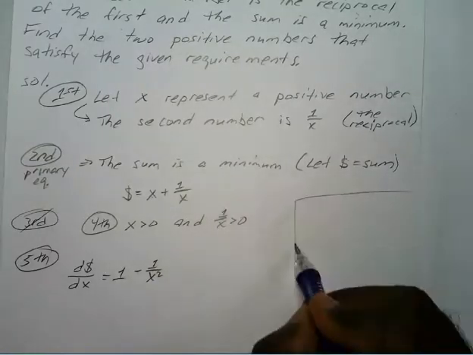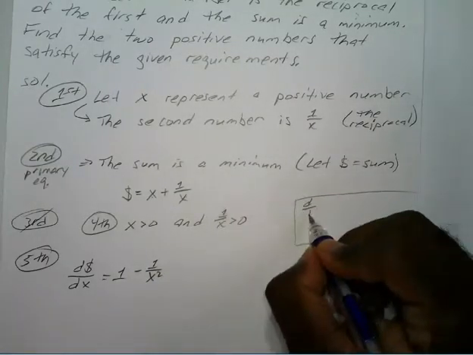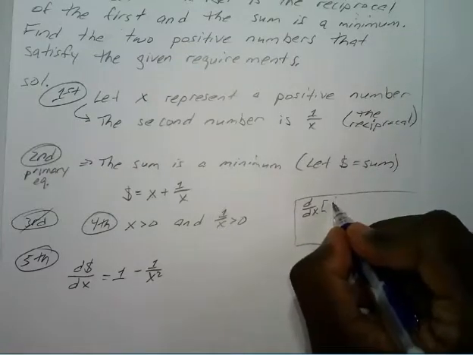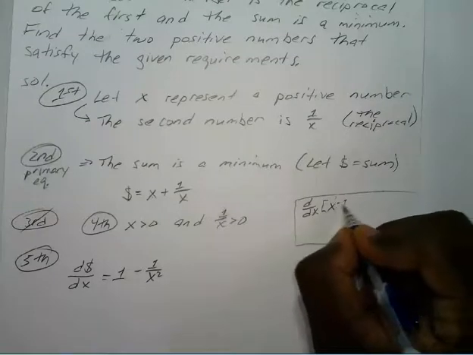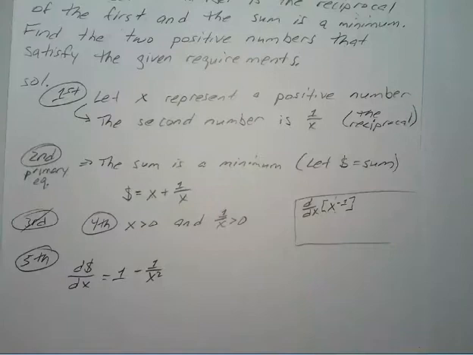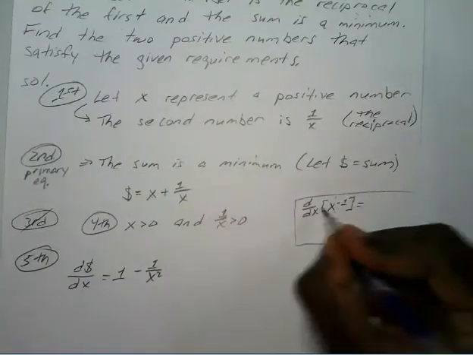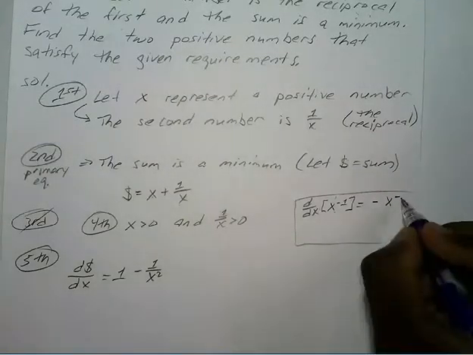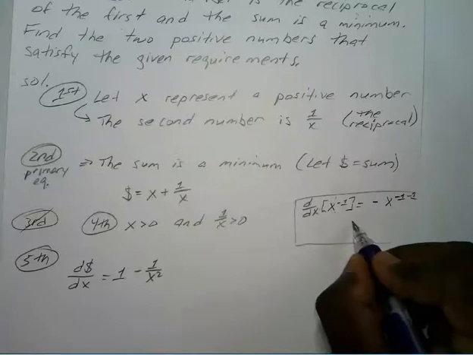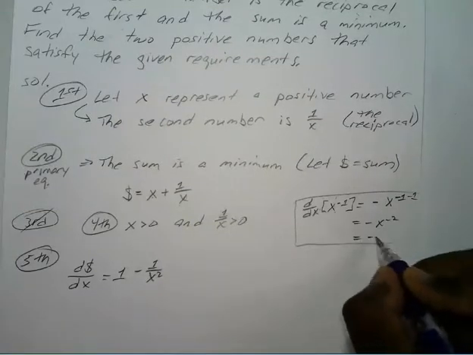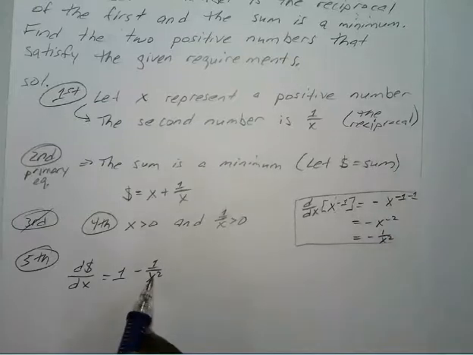That is because the derivative of 1 over x is the same as the derivative of x to the negative 1 power. We bring the negative 1 down to the front and subtract 1 from the exponent, negative 1 minus 1, which gives us negative x to the negative 2 power, or negative 1 over x squared. That's how we ended up there.